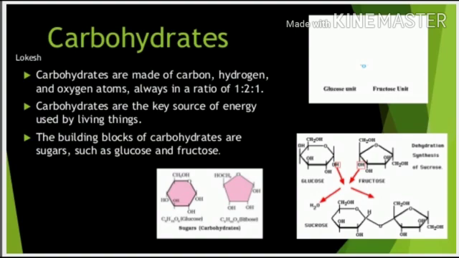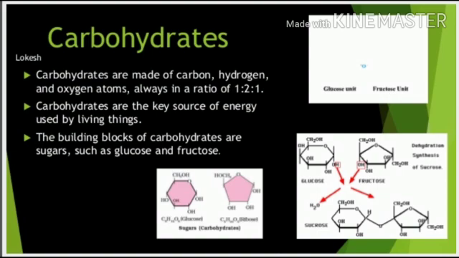Carbohydrates are the key source of energy used by living things. Carbohydrates are a class of naturally occurring organic compounds of carbon, hydrogen and oxygen, in which carbon, hydrogen and oxygen are always in a ratio of 1:2:1. In the earlier days, the carbohydrates were regarded as the hydrates of carbon.